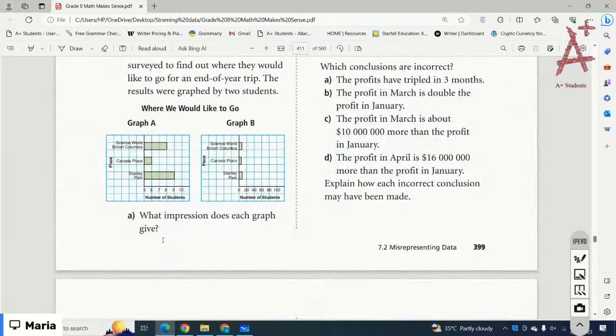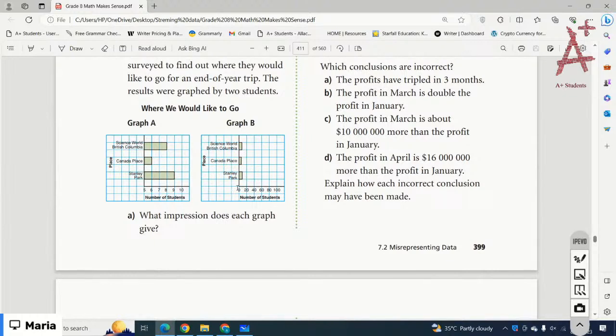We are given two graphs, graph A and graph B, right? Graph A starts with 5, right? So that means graph A gives the impression that Stanley Park is most favored by most students, and graph B shows the students equally like, you can see all the bars are exactly equal.